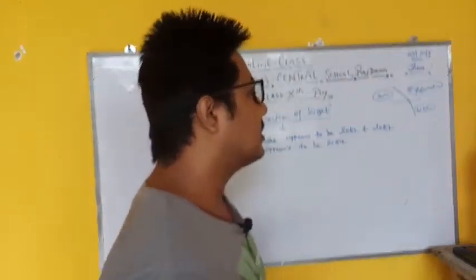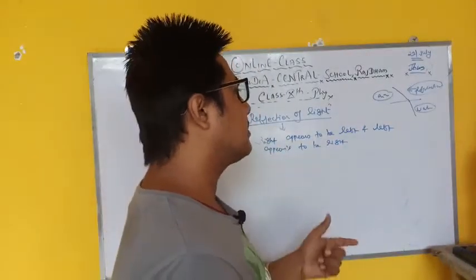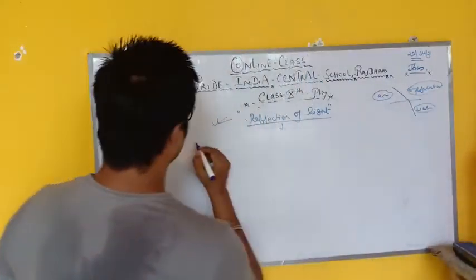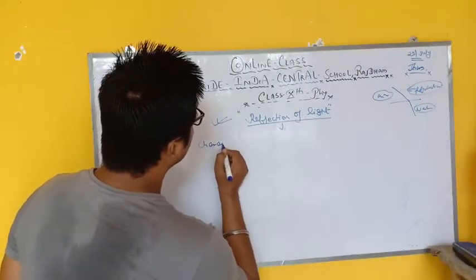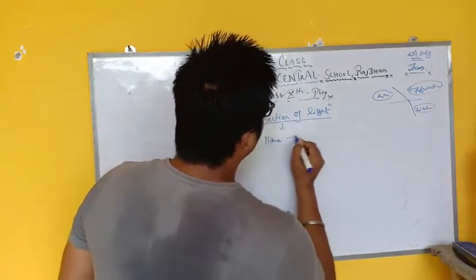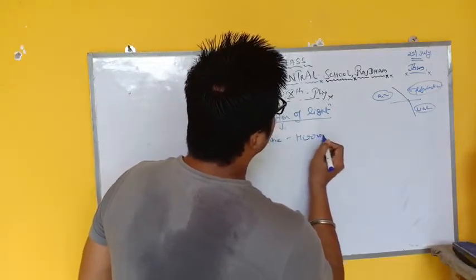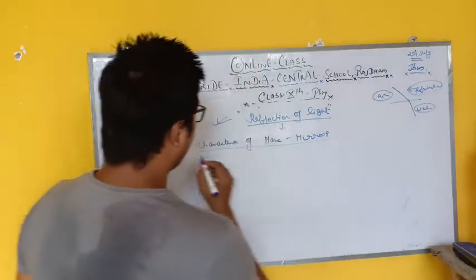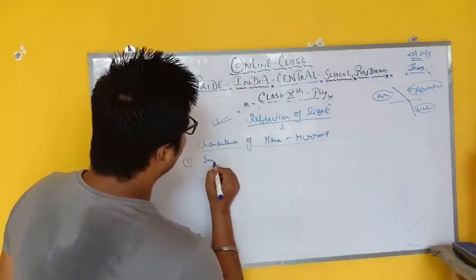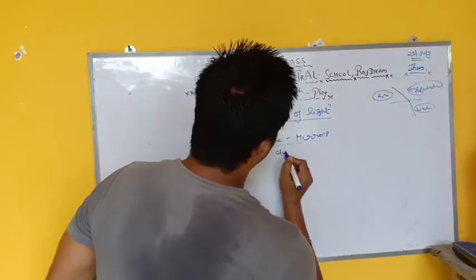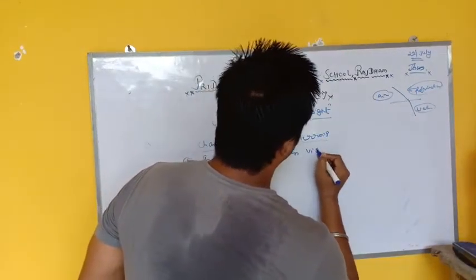Okay, so now we will see the characteristics of a plane mirror. In a plane mirror, the image formed is always virtual, as I have told you just now.